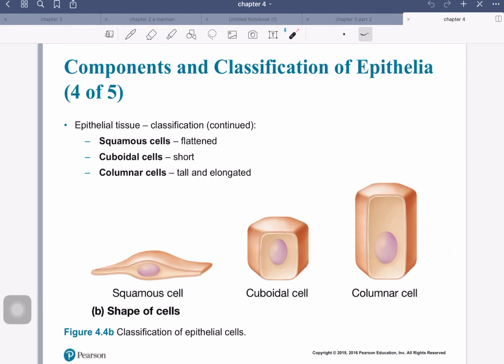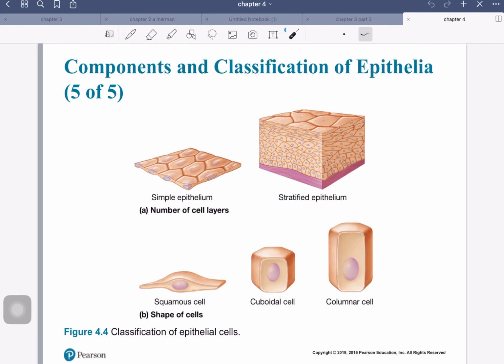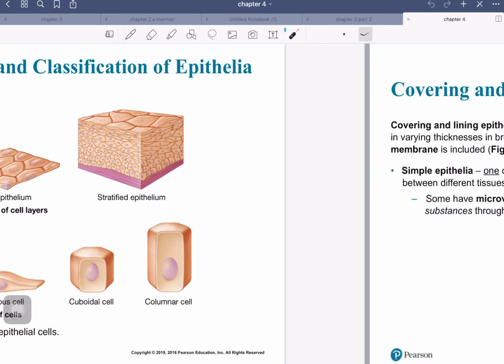So we can also include these in their names. Once again, part of the name comes from the number of layers of cells, and part of the name comes from the shape of the cells.